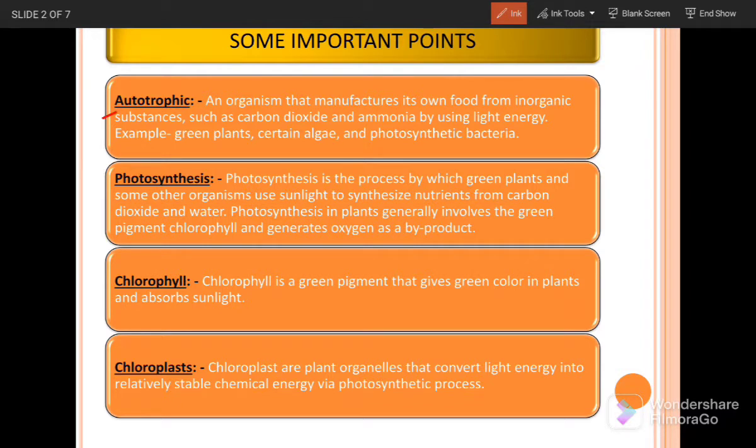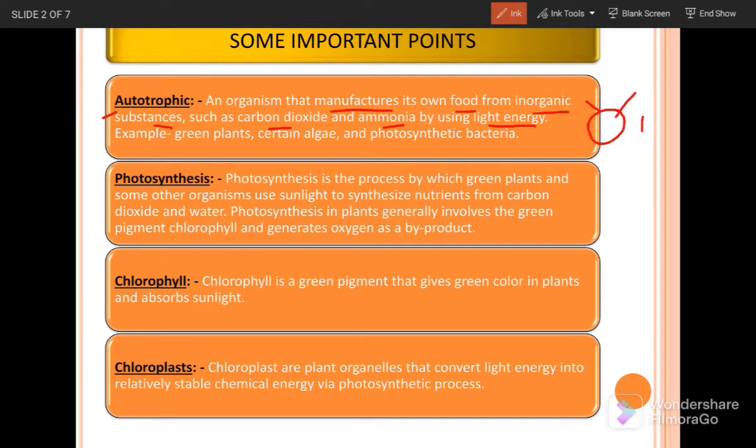Autotrophic means an organism that manufactures its own food from inorganic substances such as carbon dioxide and ammonia by using light energy.